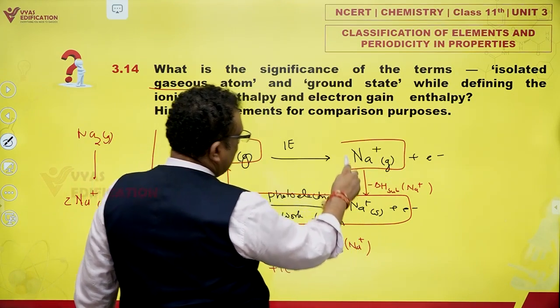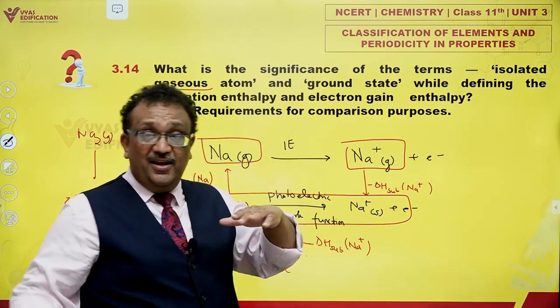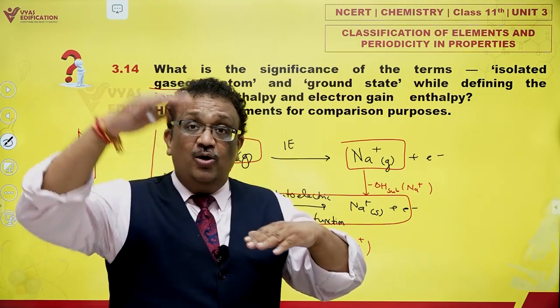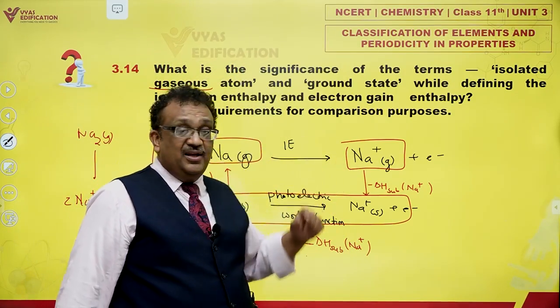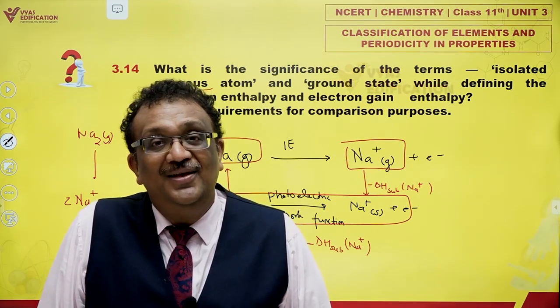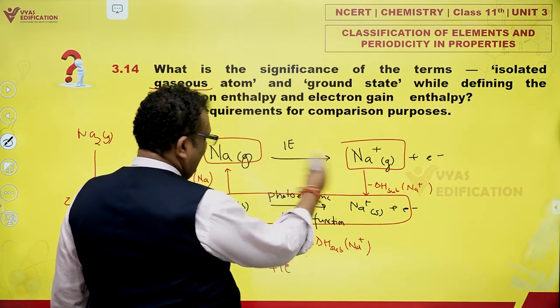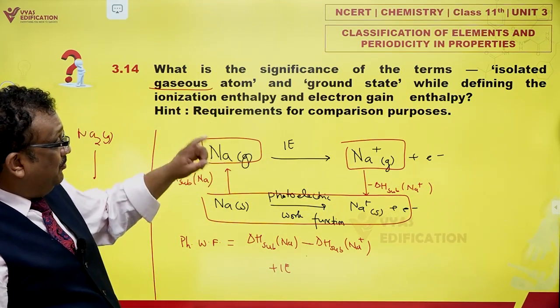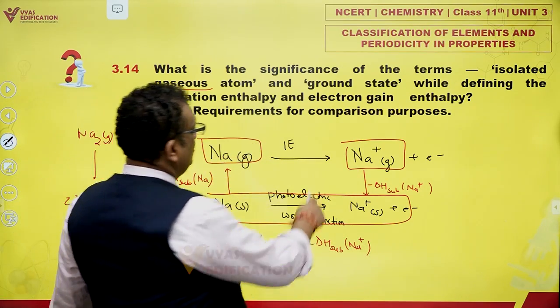As a matter of fact, this also has to be in ground state. Unless I clearly define their energy levels, I cannot measure the difference between the energy levels, and the difference between the energy levels is nothing but the ionization energy of sodium. So for accurately defining ionization energy, I must know that both reactant and product must be in ground state.